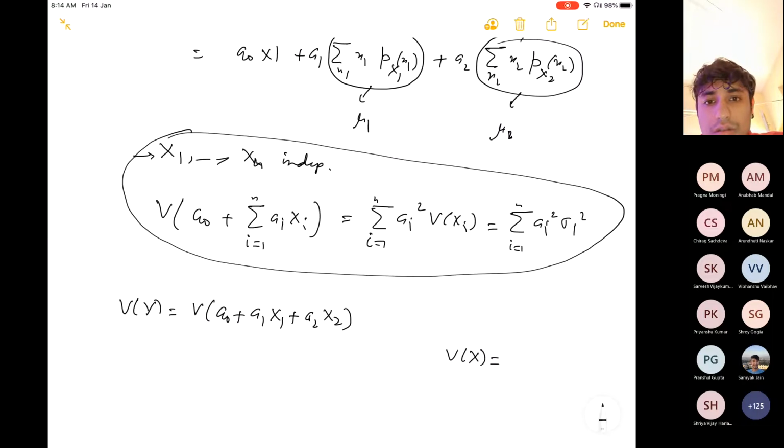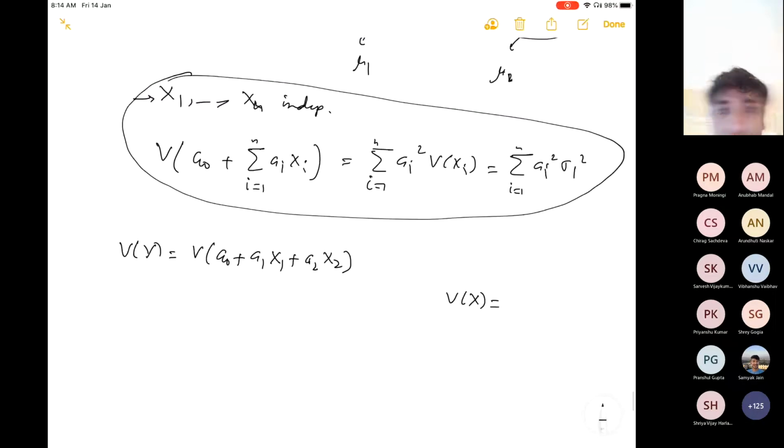Can anyone define variance of x? How is variance of x defined in terms of expectation? Expectation of x minus mu whole square. Yeah, so this will be the expectation of x minus mu square.